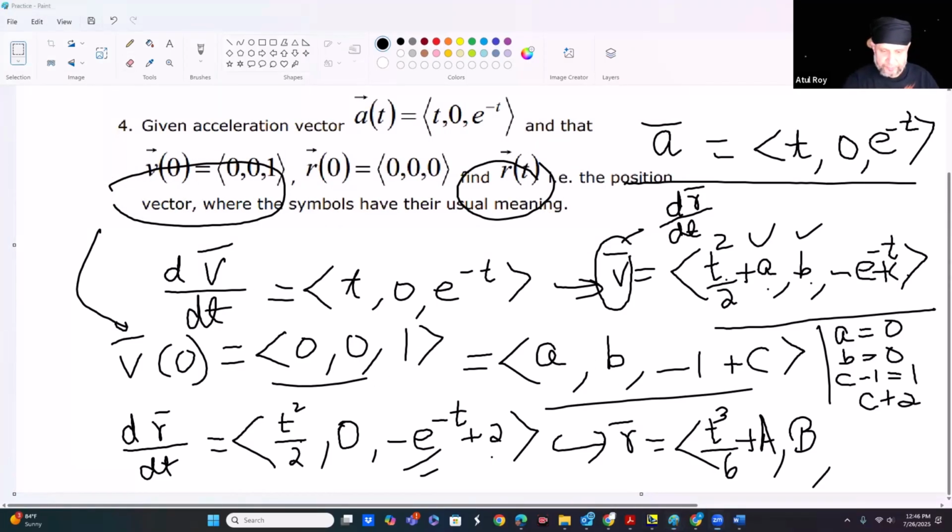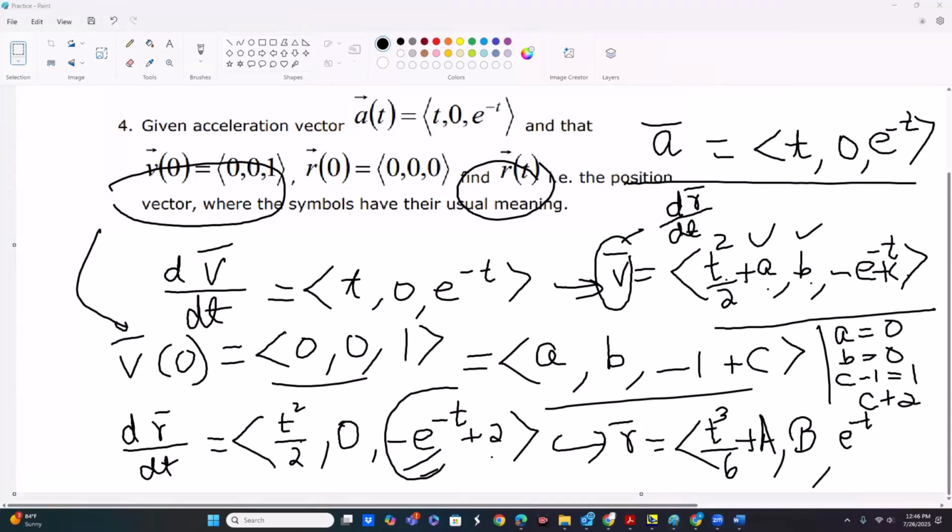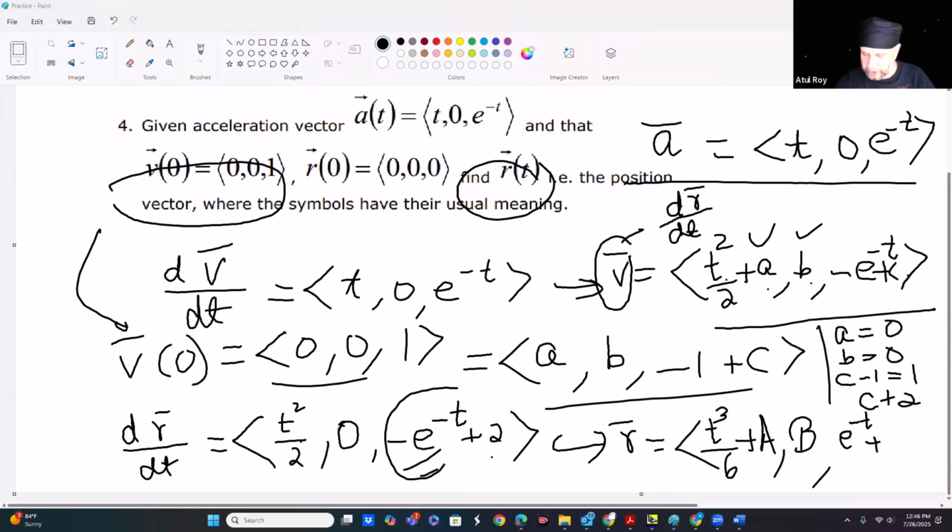Okay, so here, the antiderivative of this is going to become e to the negative t. Am I clear on that? Okay, and then for 2, it will be 2t, when we are integrating it, right?